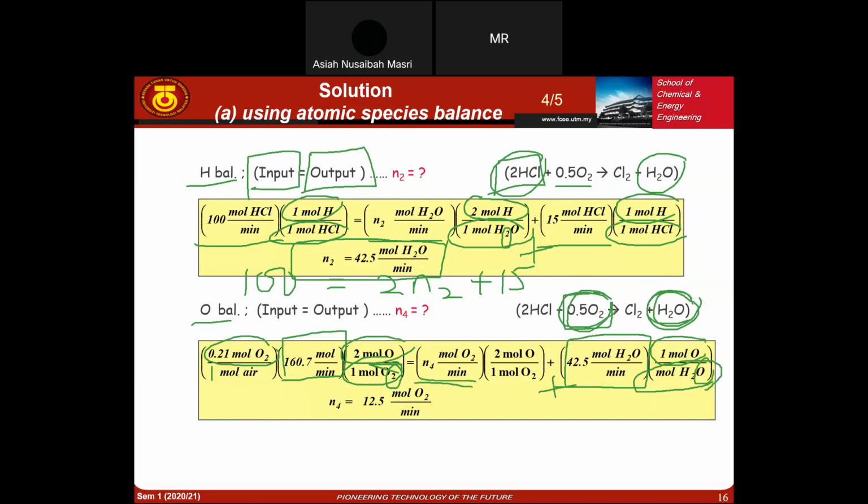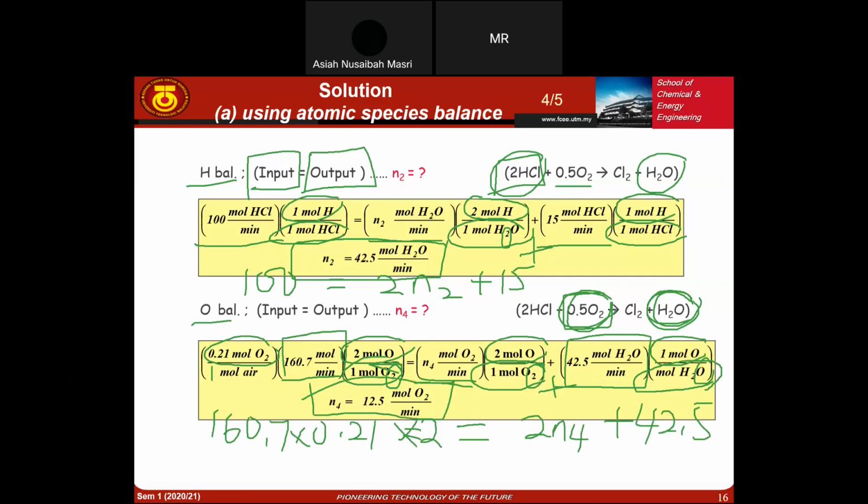So we have N4 mole oxygen per minute, and for every 1 mole of O2, we have 2 mole of oxygen atom. Solving this, we have 160.7 times 0.21 times 2 equals 2 N4 plus 42.5. Solving it, we get N4 equals 12.5 mole oxygen per minute.